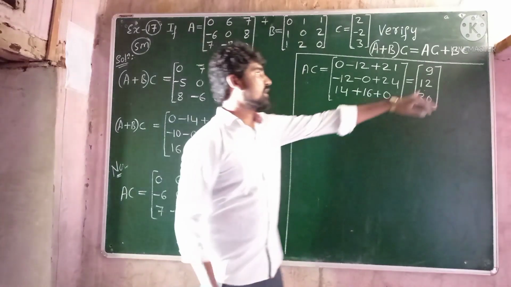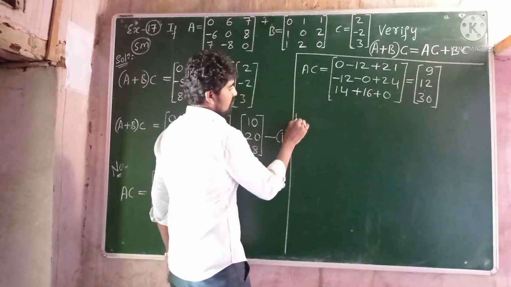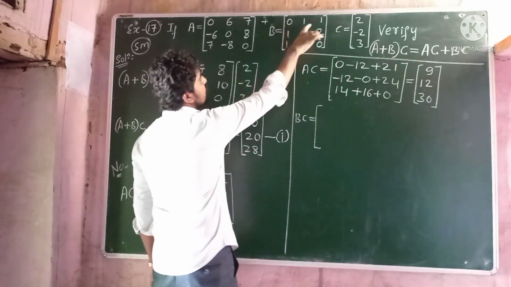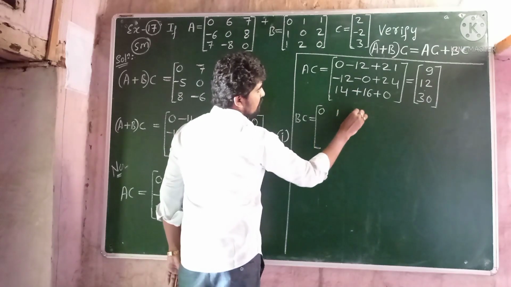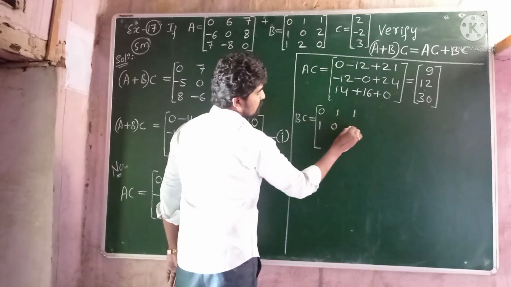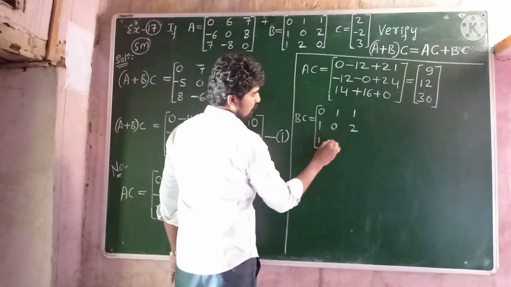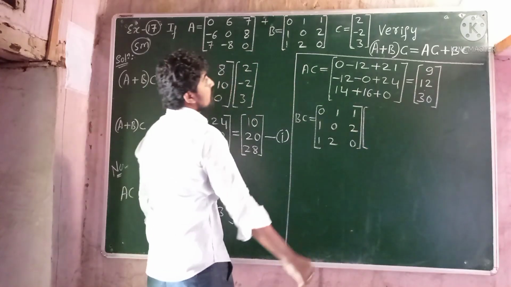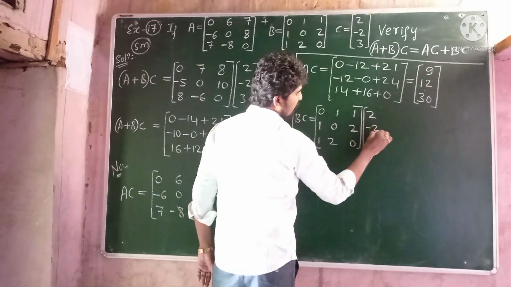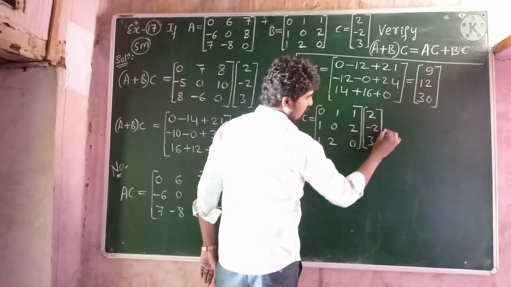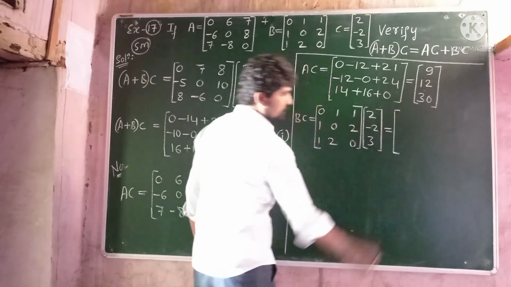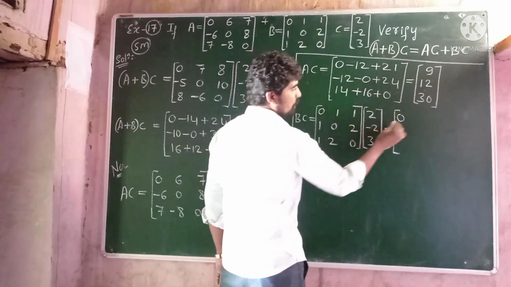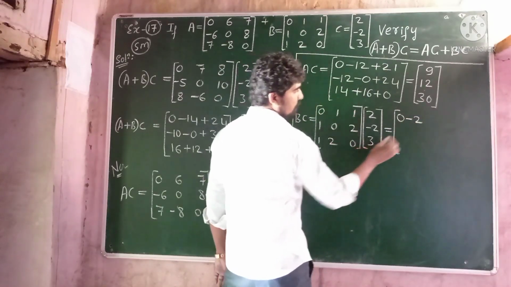And now we need to find the matrix BC. So matrix BC is equal to B matrix, which is given by 0 1 1, 0 1 1, 1 0 2, 1 0 2 and then 1 2 0, 1 2 0, into C matrix. C matrix is 2, minus 2, 3, which is equal to: first row with this column, 0 into 2, 0. 1 into minus 2, minus 2. 1 into 3, 3.